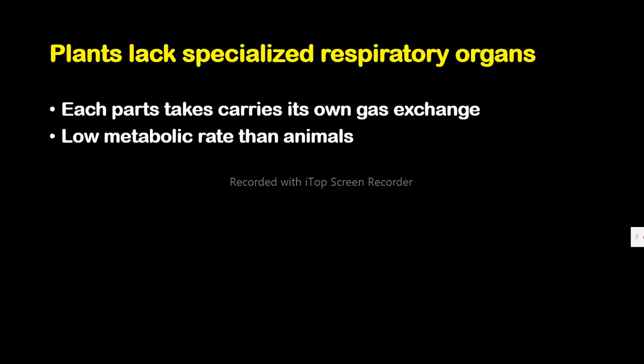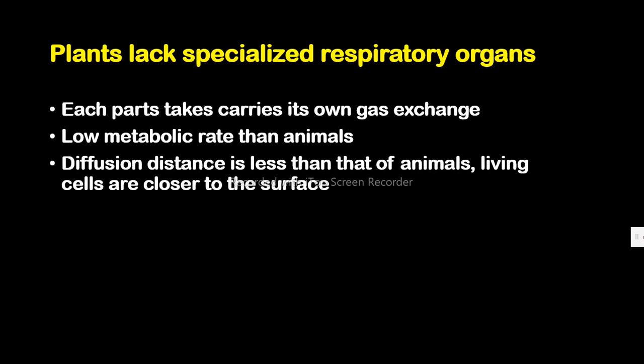And you don't need to take away the carbon dioxide. So their metabolic rate is so low. If you compare the diffusion distances among plants and animals, you find that the most active cells in plants are close to the environment. I don't know if you are aware of that.